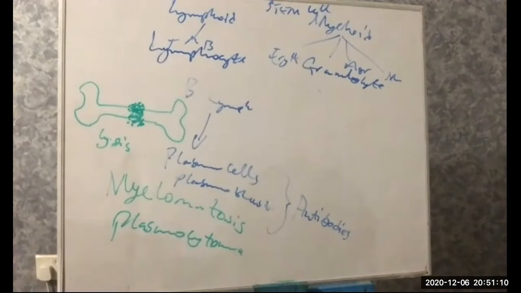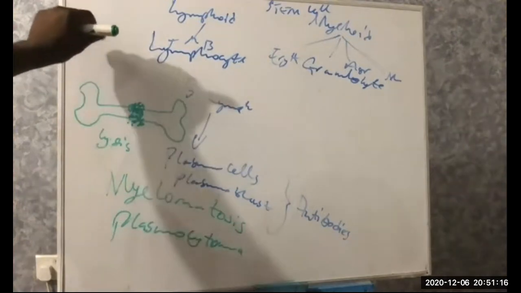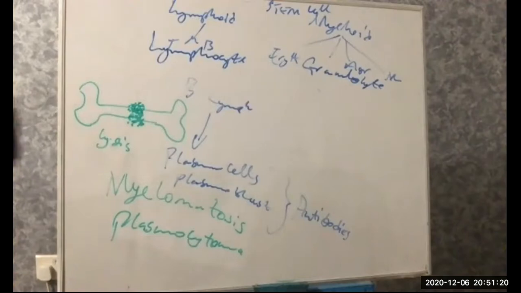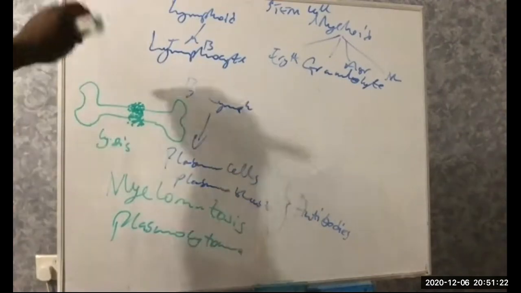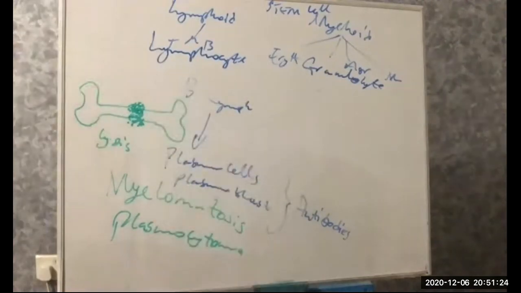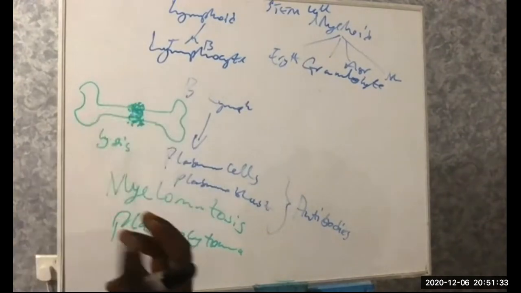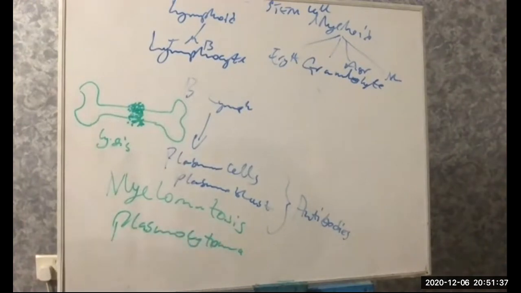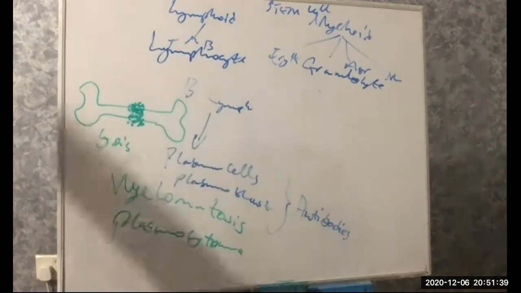So if you view this kind of bone under X-ray, you see that the density of the bone has reduced, and there are a lot of lucencies, dark areas, in the bone. Ideally, because of the calcium, bone absorbs a lot of the X-ray, so it doesn't allow the X-ray to go through to make the film dark.